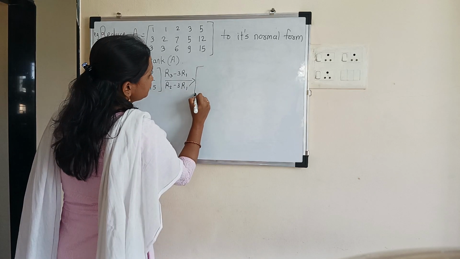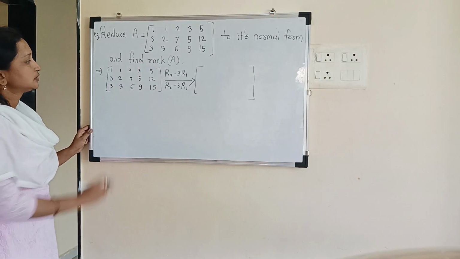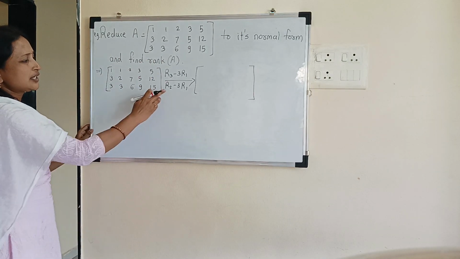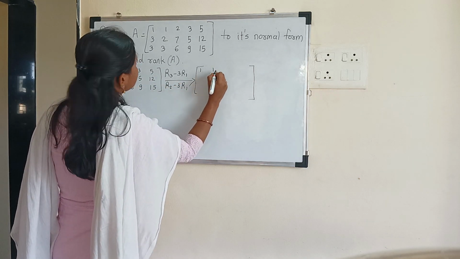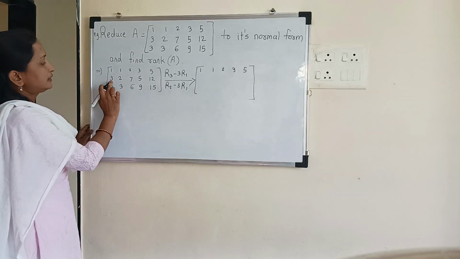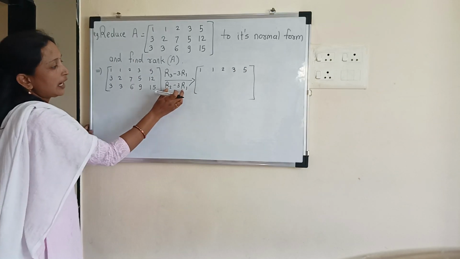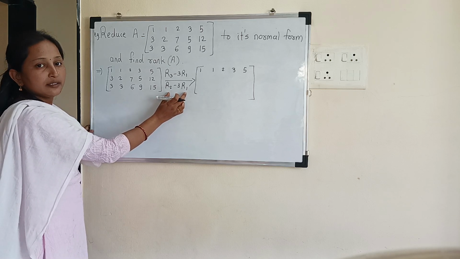So the matrix is reduced as follows. The first row is as it is, since you are changing R2 and R3: 1, 1, 2, 3, 5. The second row will be R2 minus 3R1.